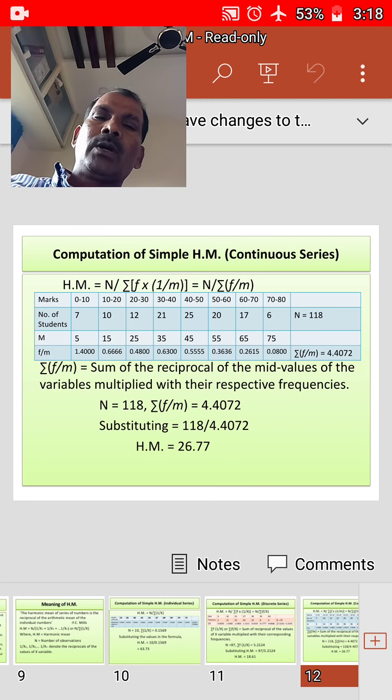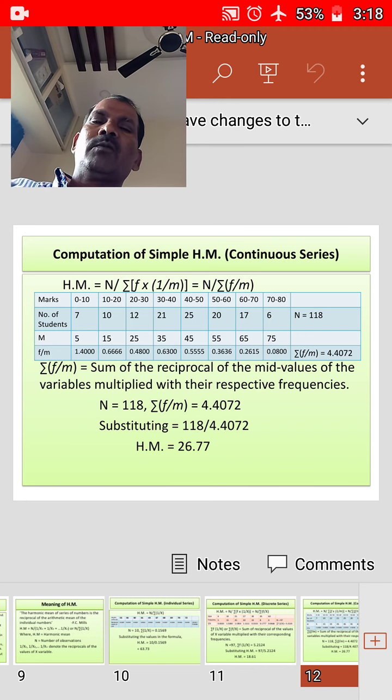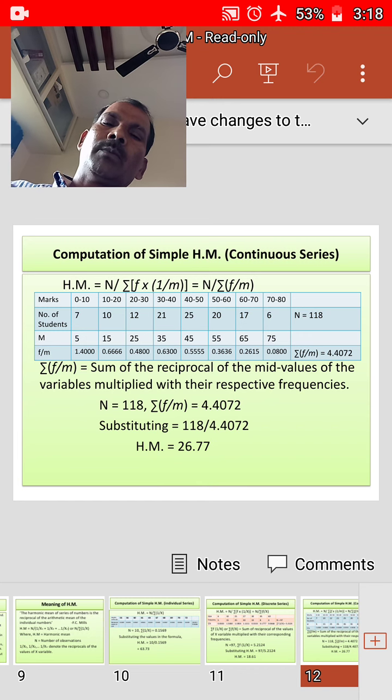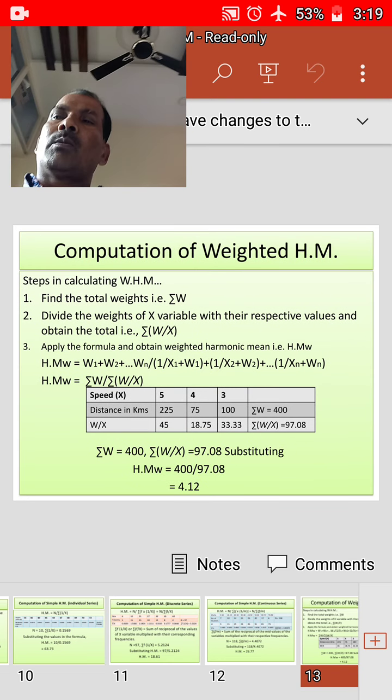Now n is equal to 118 by summating the frequencies, and sigma f by m is 4.4072. Substituting these values in the formula given on the PPT, 118 by 4.4072 is equal to the harmonic mean, that is 26.77.